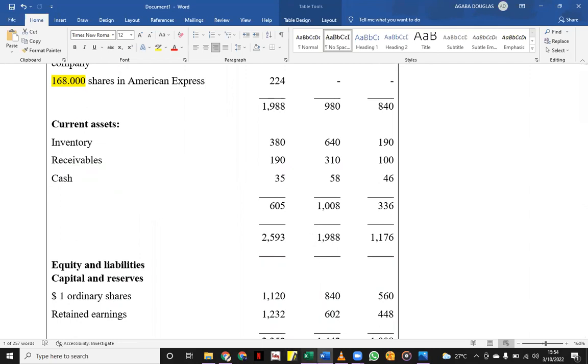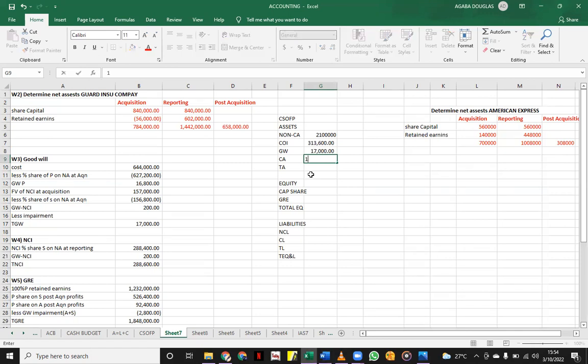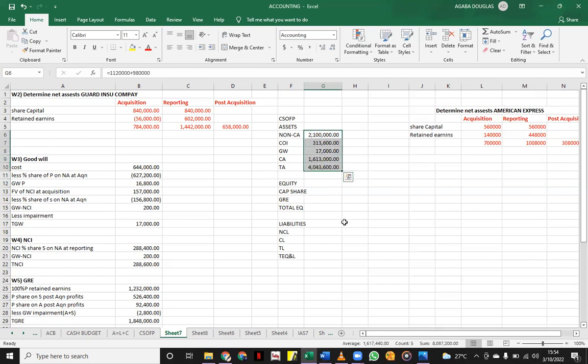Then we will get our value as 1,613,000. And then we'll have now to get our total assets, which is going to be the summation of all this. And once that is done, let's put commas so that it can look organized.